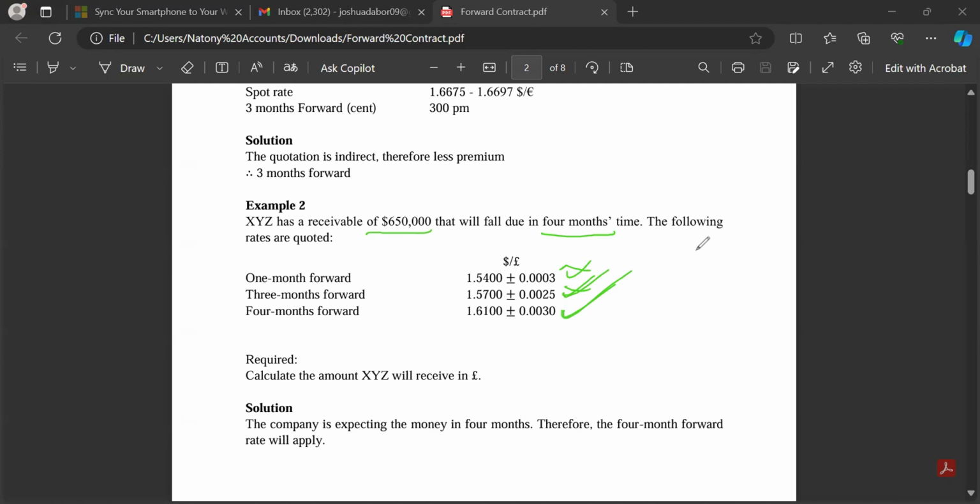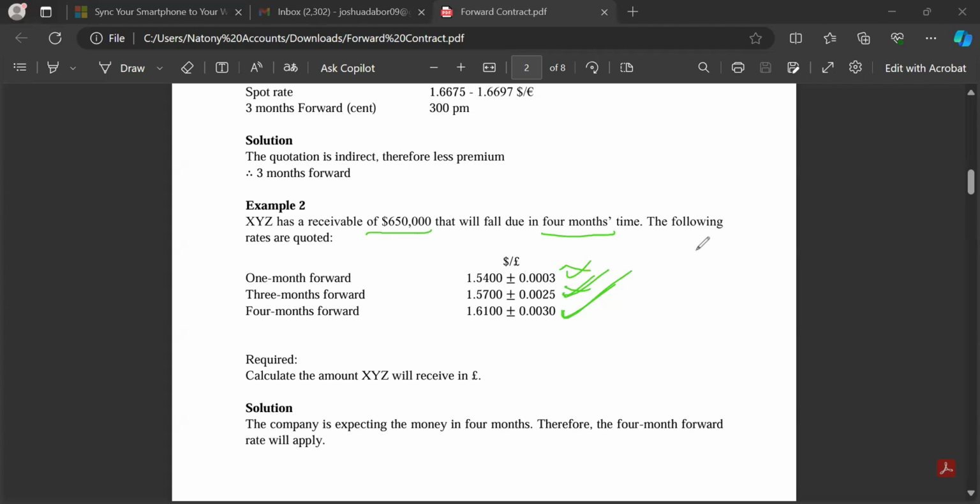From the previous lecture, how do we adjust this to get the spread? It's now plus or minus. The minus always comes first before the plus.